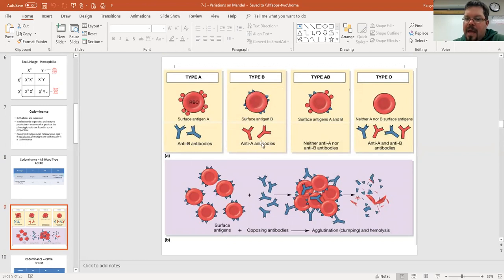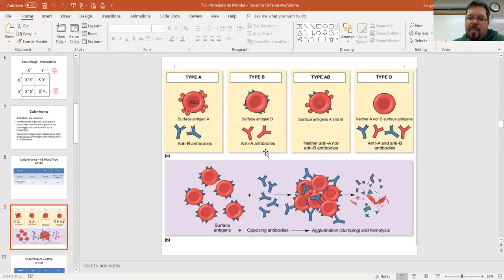They make antibody A antibodies that would prevent type A blood from being transfused to a type B person. But a type AB person does not produce any antibodies, so a type AB person would be able to be transfused with either blood type.